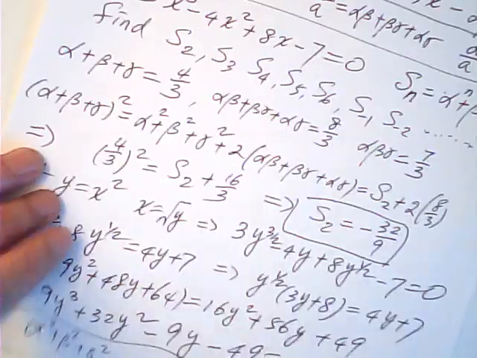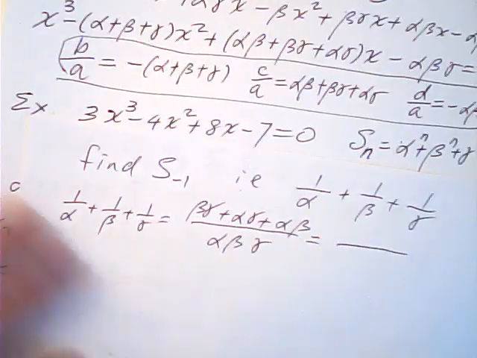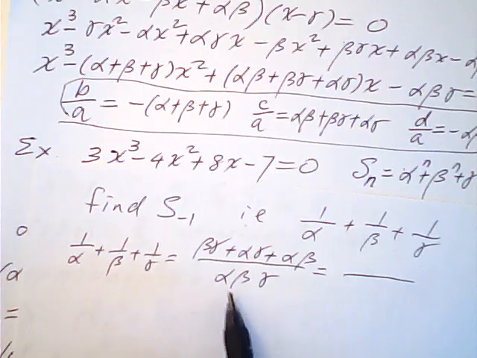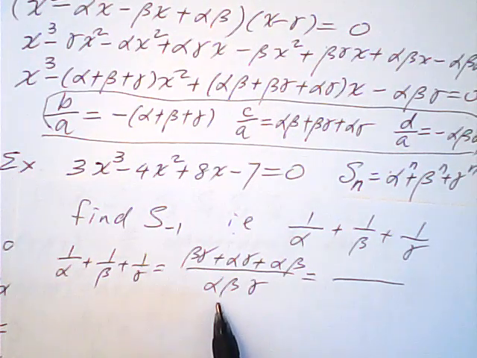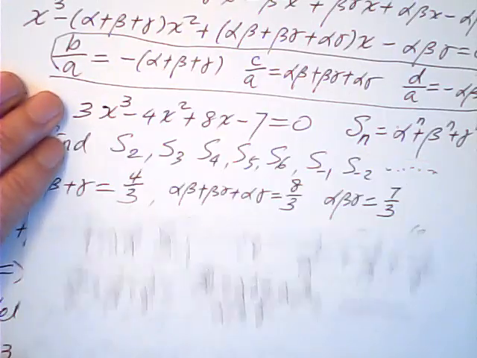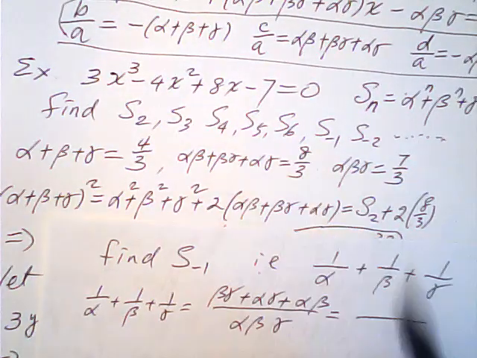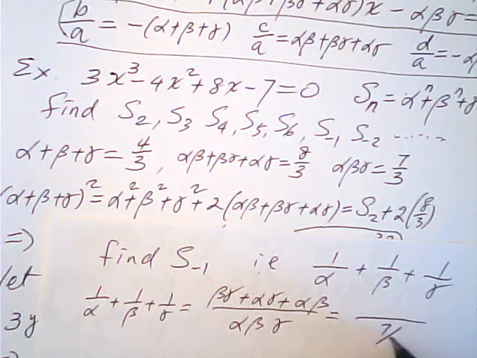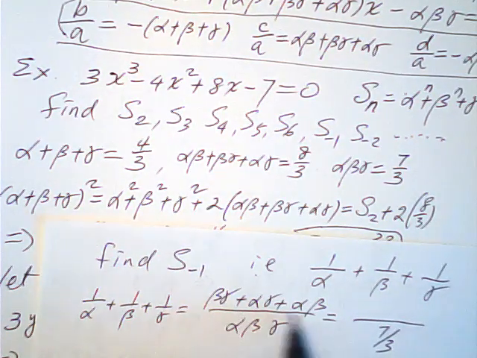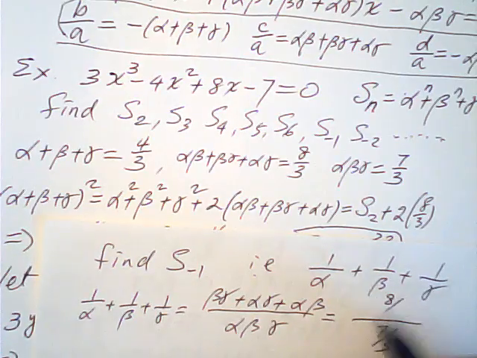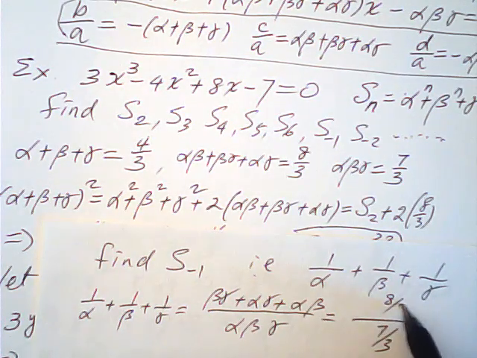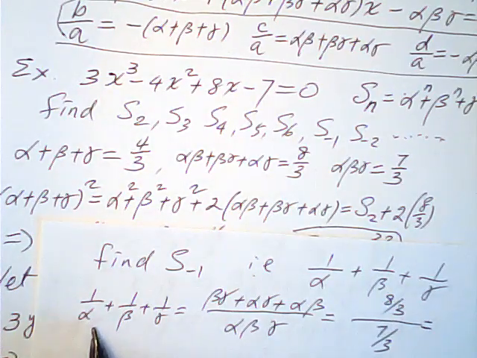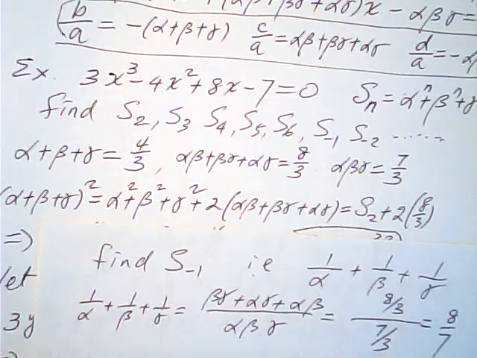And according to this relation, alpha beta gamma equals 7 over 3, and this one is equal to 8 over 3. Therefore, my S sub negative 1 is equal to 8 over 7.